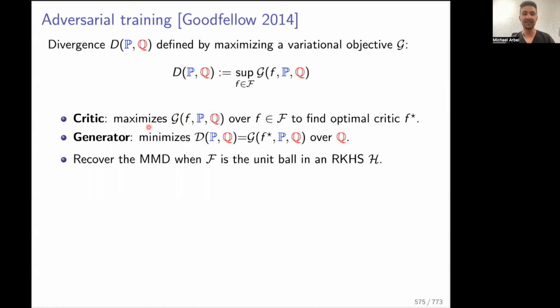And once the best critic, the one that maximizes the differences between P and Q, is recovered, then the generator is optimized so that it reduces the discrepancy between samples from it and the data. And in particular, one can recover the MMD when choosing F to be the unit ball in the RKHS, as we've seen earlier, and by choosing a specific form for the variational objective.